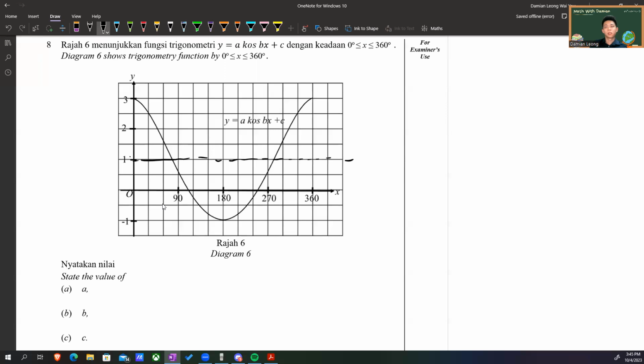Let's compare with the center of it, but this graph is a bit weird.